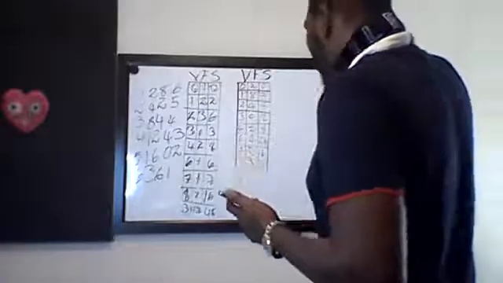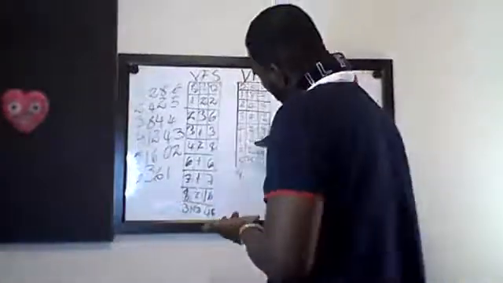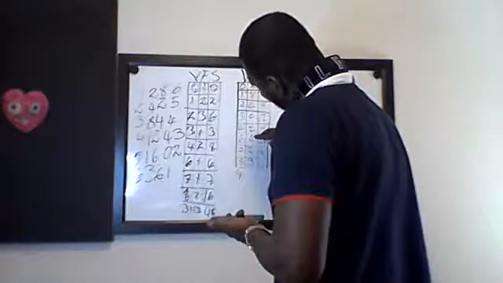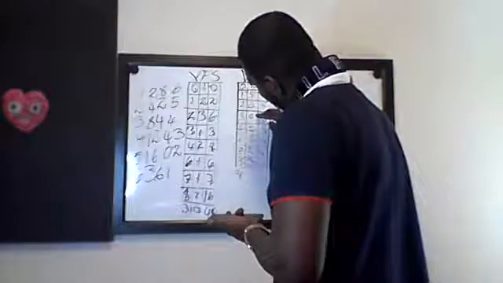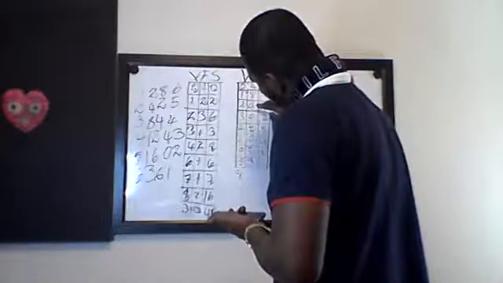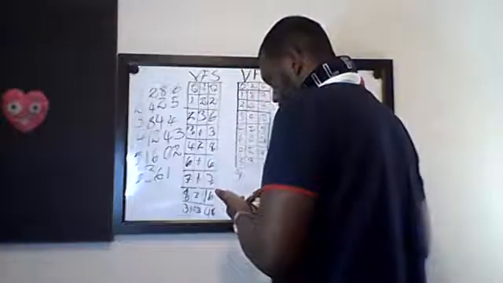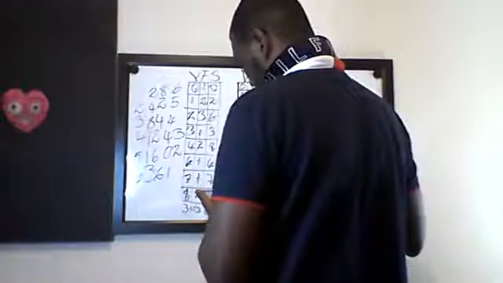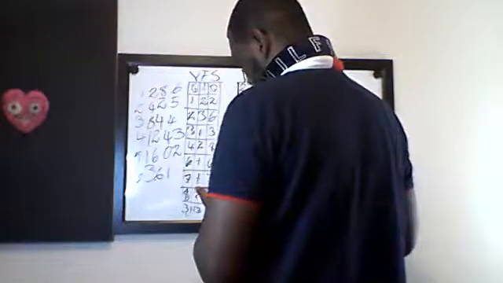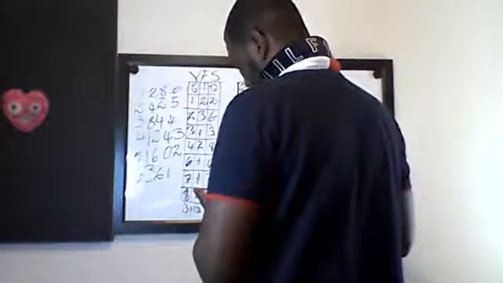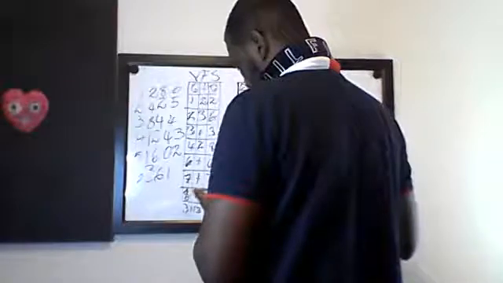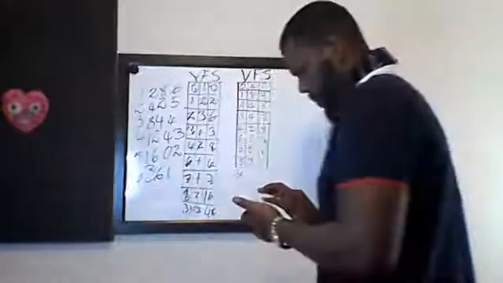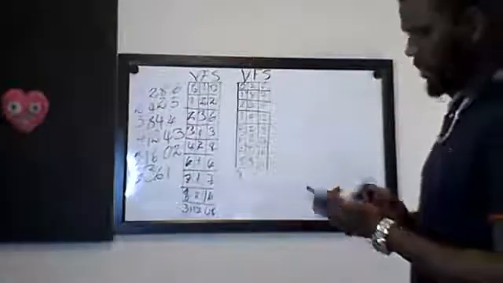Okay, now let's do this one. 5, 9, 11, 15, 19. I was right there. And I said 19 plus 8. 19 plus, sorry, 19 plus 8. 27, 29.